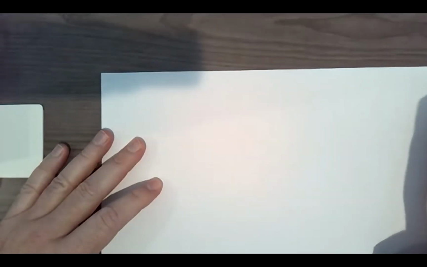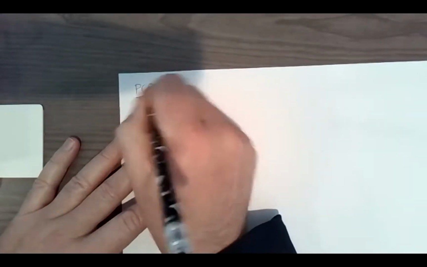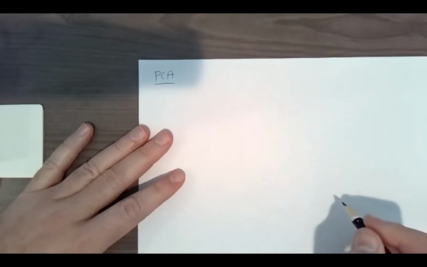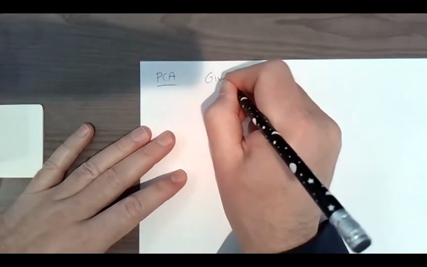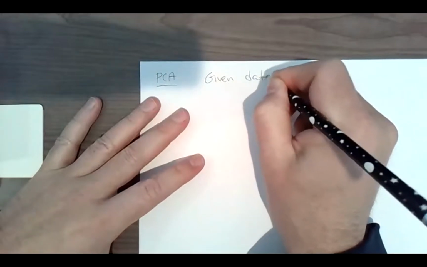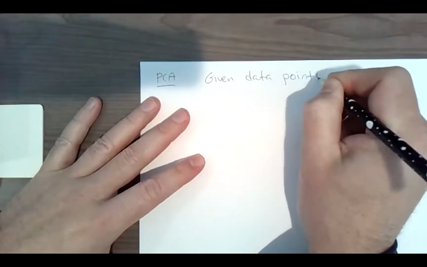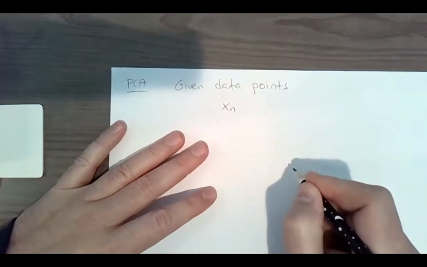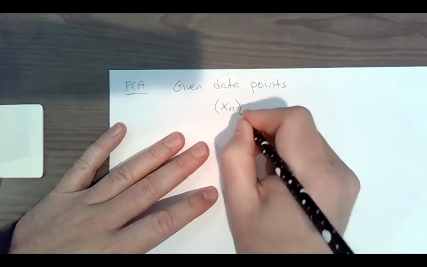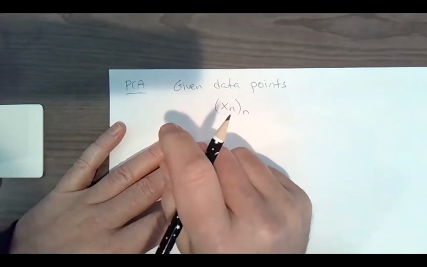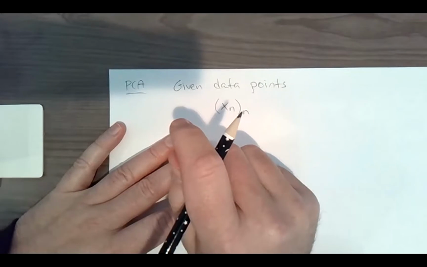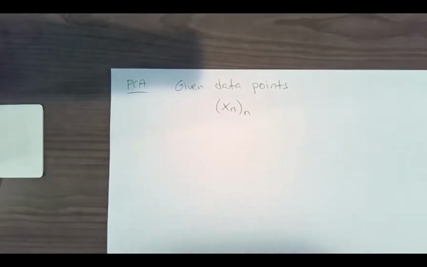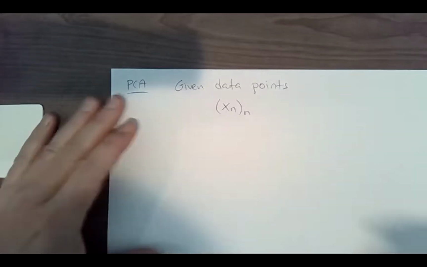So let's try to do PCA. You're given data points, let me call them x_1 up to x_n. How many of them do we have? n.